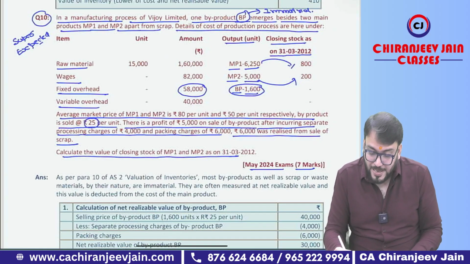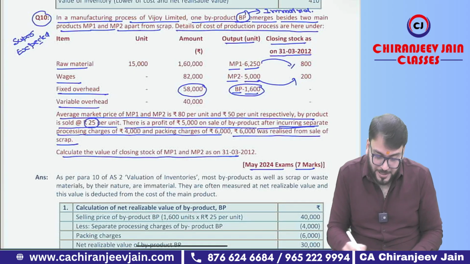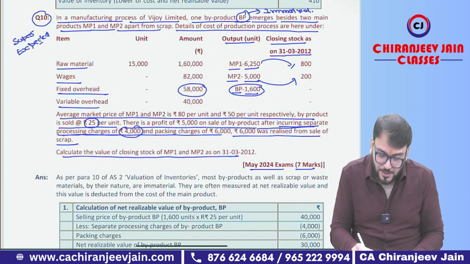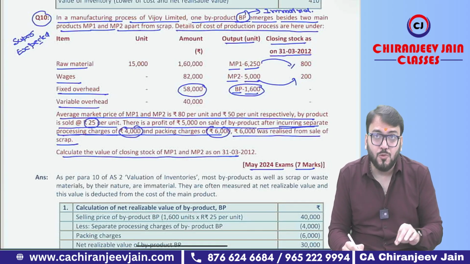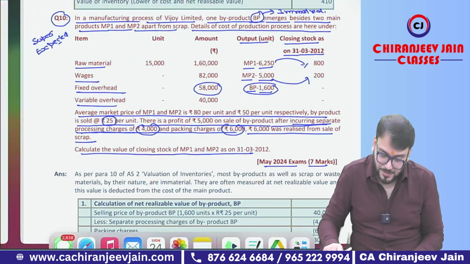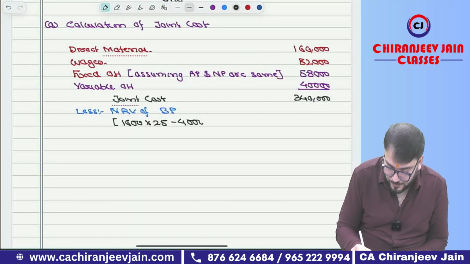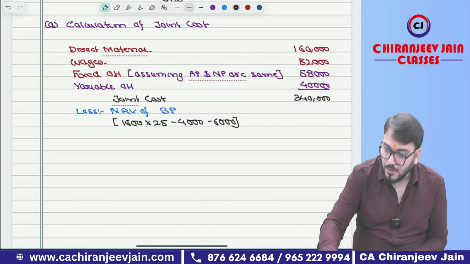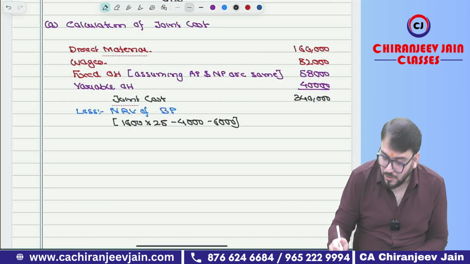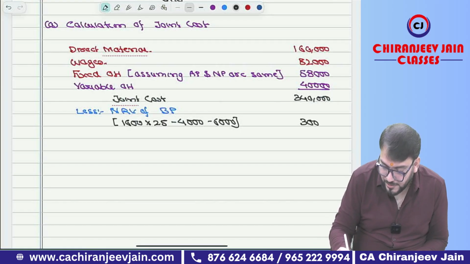And there are two expenses incurred: separate processing charges of 4,000 and packing charges of 6,000. So 4,000 plus 6,000, 10,000. So from these we'll minus 4,000 minus 6,000. It becomes 1,600 into 25 minus 10,000 is equal to 30,000. So 30,000 deducted.